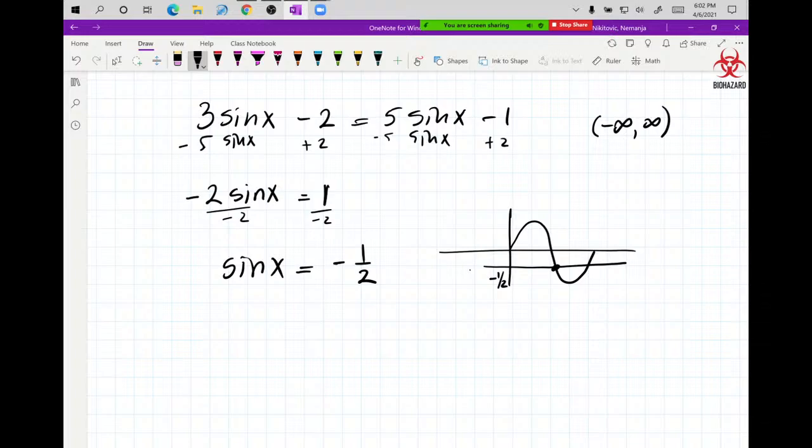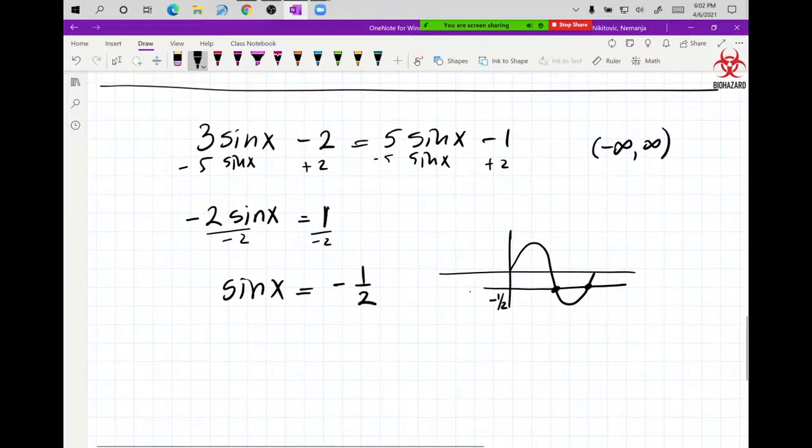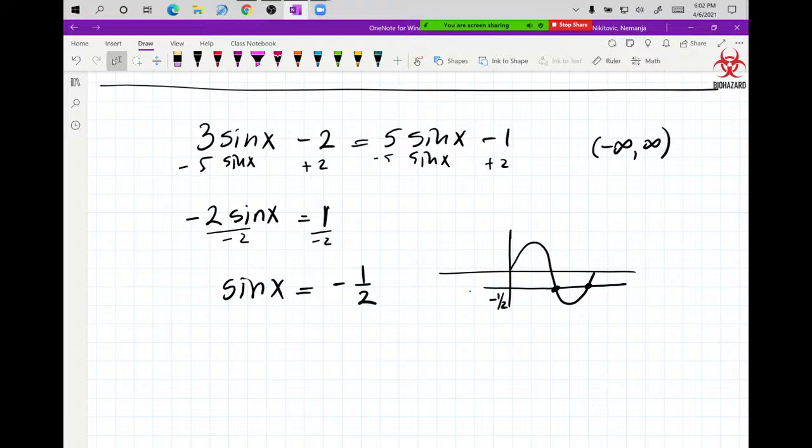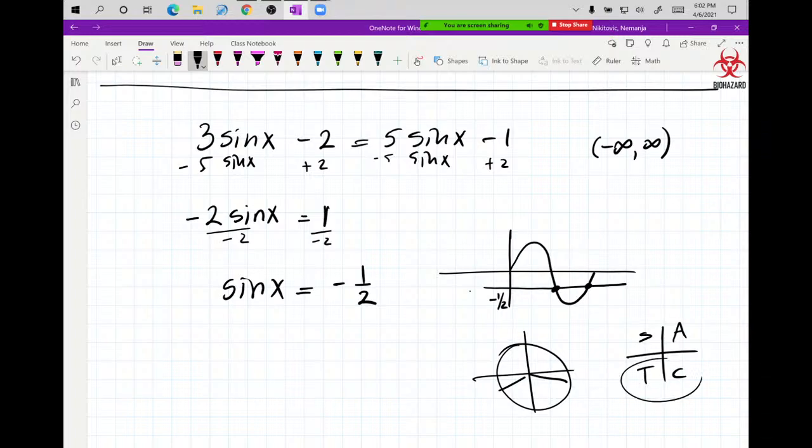And because this is negative 1/2, you are going to have your pi over 6's on the other side in the lower quadrants. So if you are using the circle, you have your pi over 6's right there. And if you're using inverse sine, you're still using all students take calculus, you are in these two.